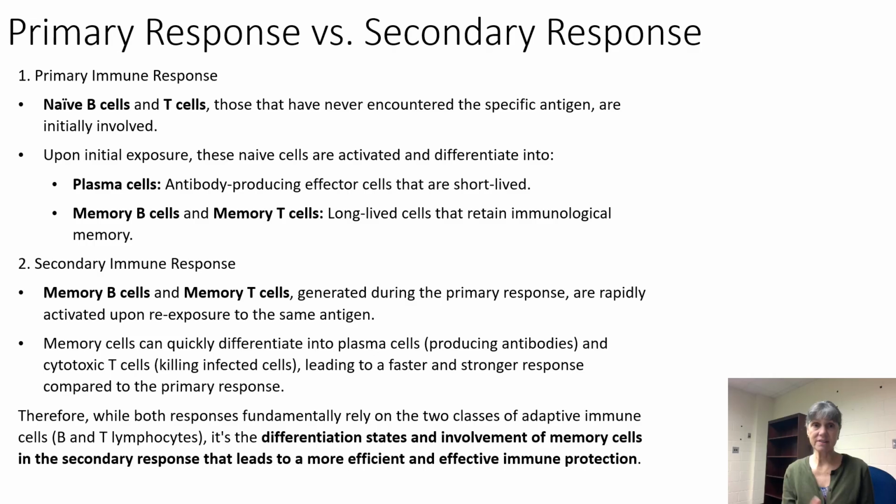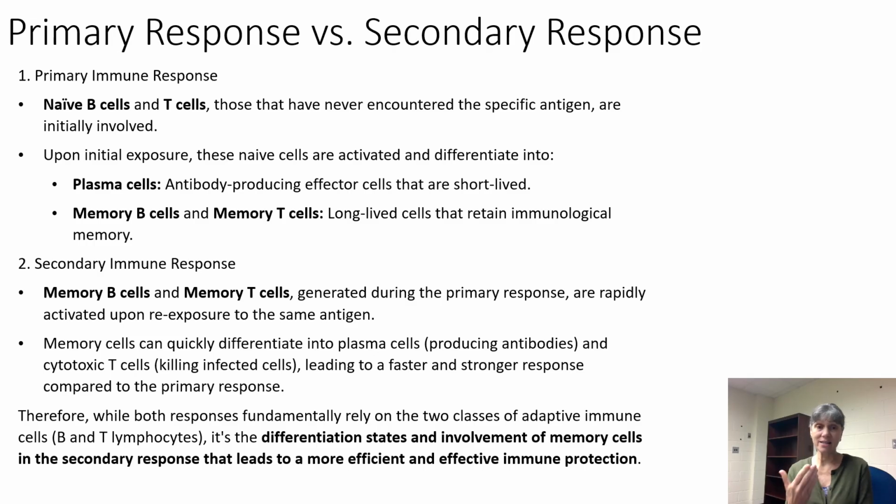In looking more closely at our primary response versus our secondary response, let's look at the primary response, where we said we have specific lymphocytes known as naive B cells and T cells. Those have not yet encountered a specific antigen, and those are going to be initially involved in a primary response.